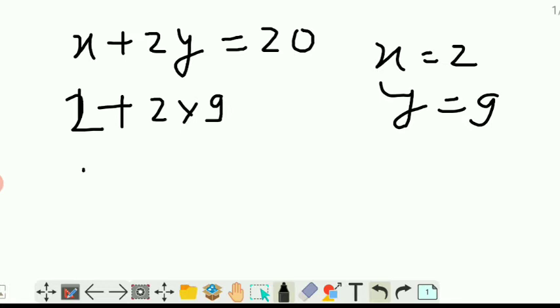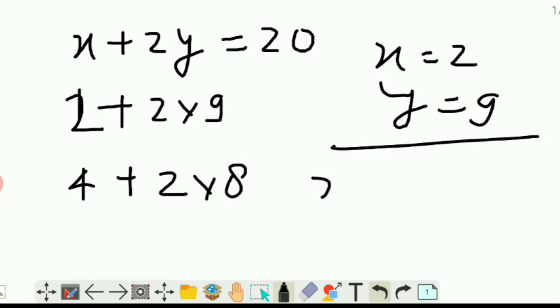It may also be possible x = 4 and y = 8. So these many values are possible for this equation, because this is a linear equation in two variables. That's why these many solutions are possible.